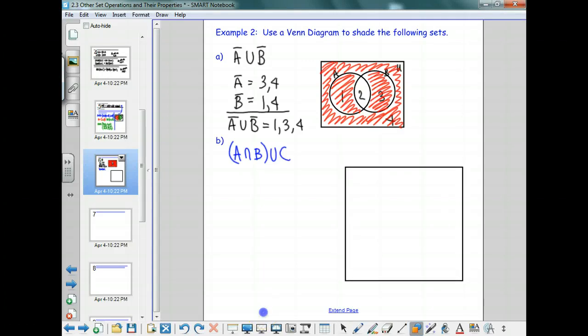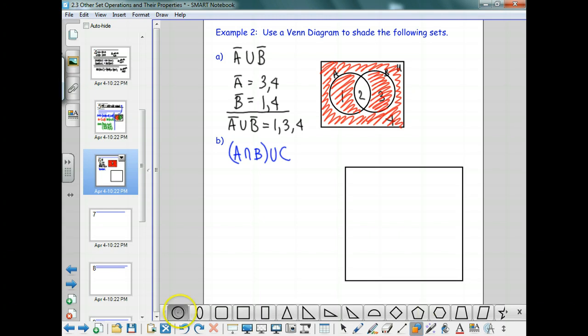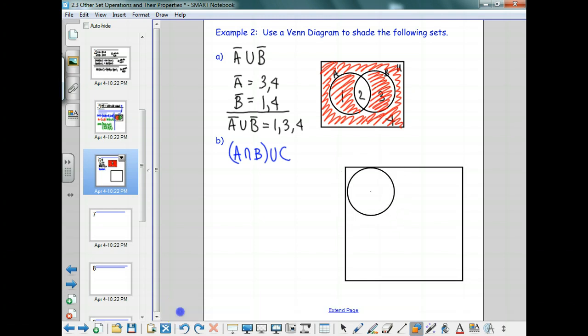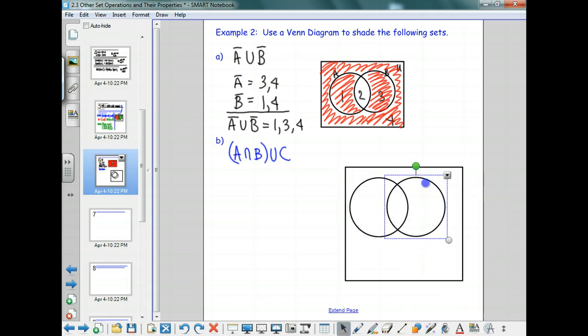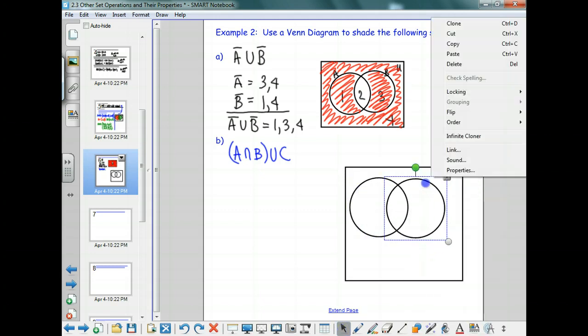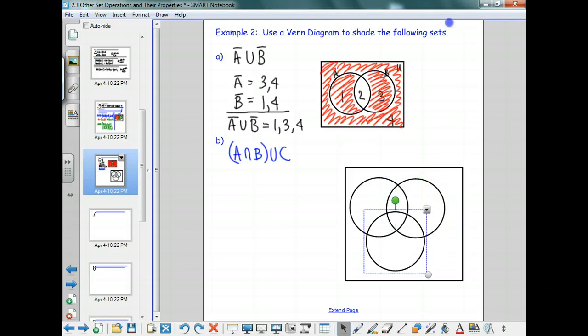And inside of my rectangle, I need to have how many circles? 3. All right, so here's set A, here's set B, here's set C, and this is the universal set U.